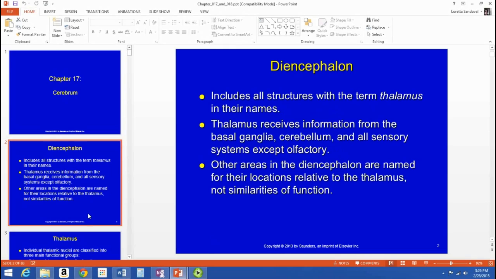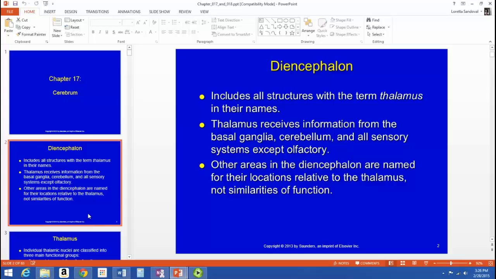It includes all of the structures with the word thalamus in their names. The thalamus receives information from the basal ganglia, the cerebellum, and all of the sensory systems except the olfactory sense, which goes straight to the frontal lobe, which is interesting. I don't know why that is, but all of the senses except olfactory go to the thalamus for crude awareness. Remember those sensory tracts, the conscious relay tracts ending in the thalamus.